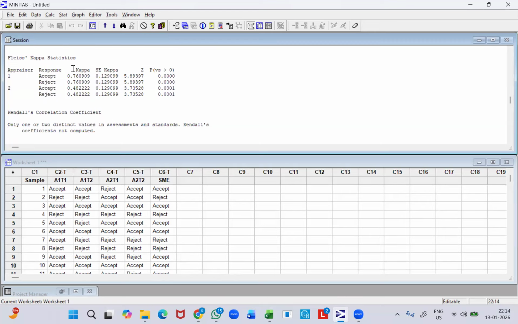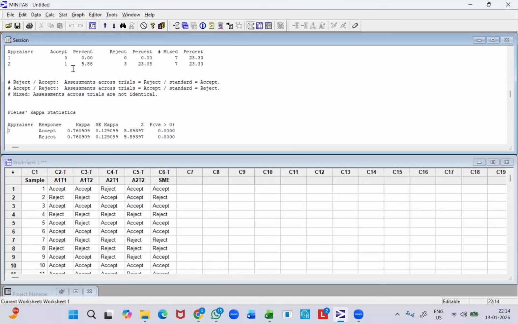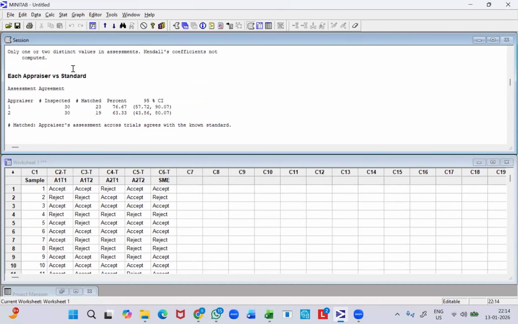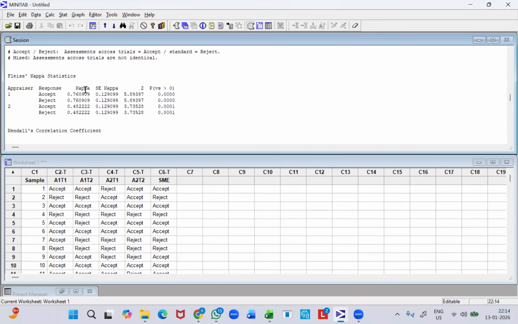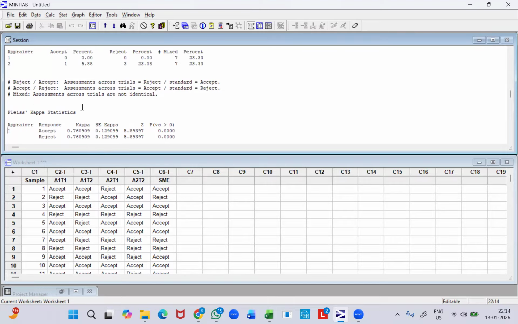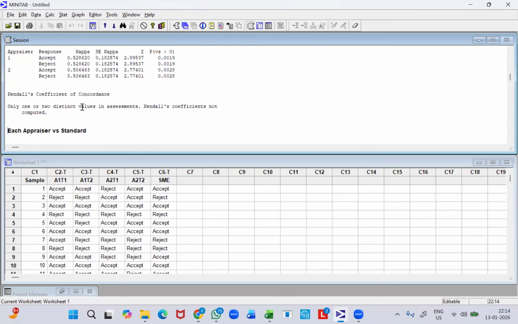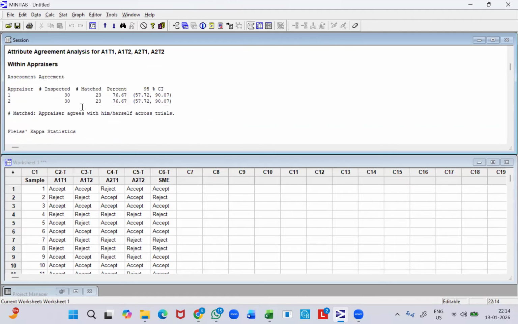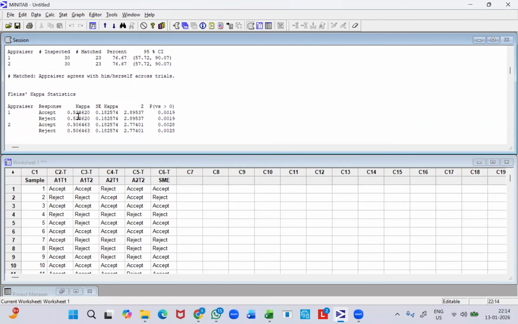So here we find, for accuracy, for auditor 1, the kappa value is slightly better, but for auditor 2, the kappa value is only 0.48. Right? And then for repeatability, we find the kappa value to be 0.52 for auditor 1 and 0.5 for auditor 2.